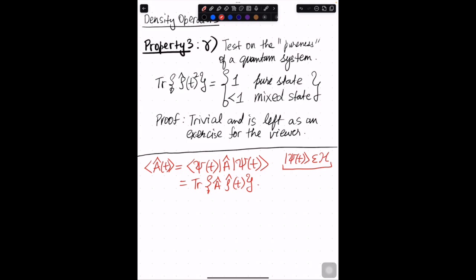And this result holds good for pure or mixed quantum systems.